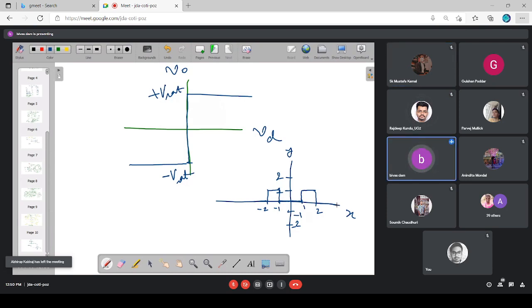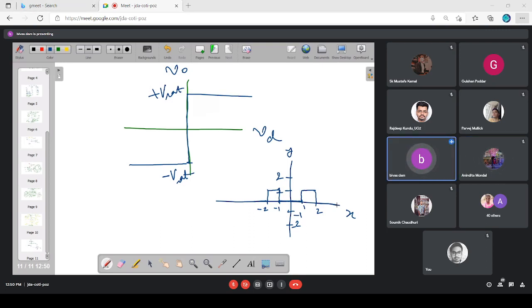You proceed from there. These are all very basic things. When x is between -1 and -2, what is y? Y is 1. Then when x is between -1 and 1, y is 0. Then when x is between 1 and 2, y is again 1. And then for x... Fine.